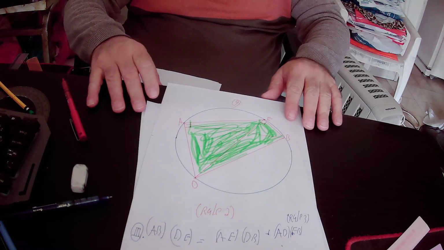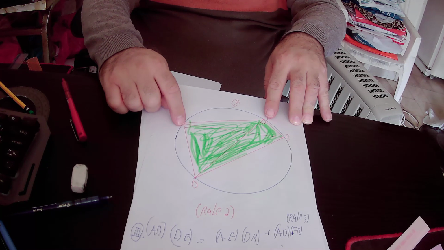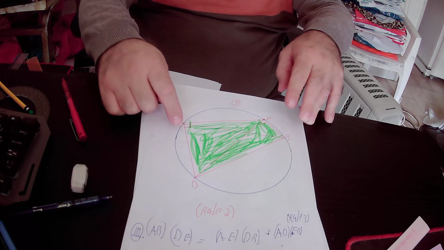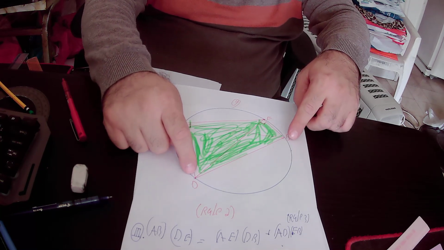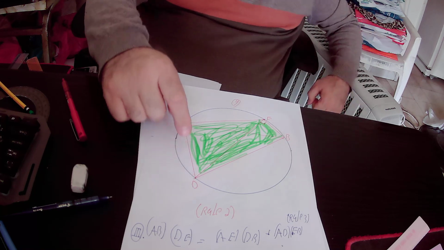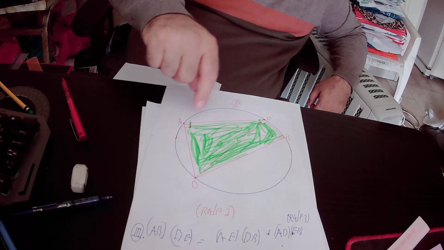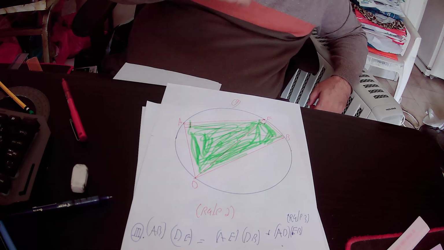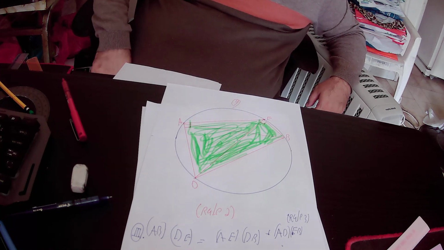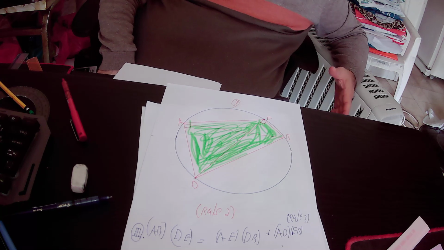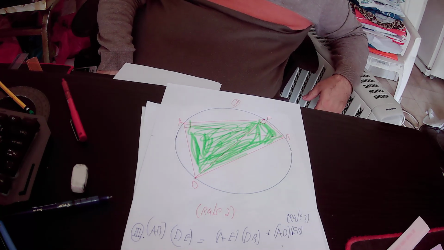Because we have two equal angles that subtend on the same segment line DB, the blue quadrilateral is described by a circle. So that was the implementation of rule number 2 in our drawing, but we have also rule number 3.